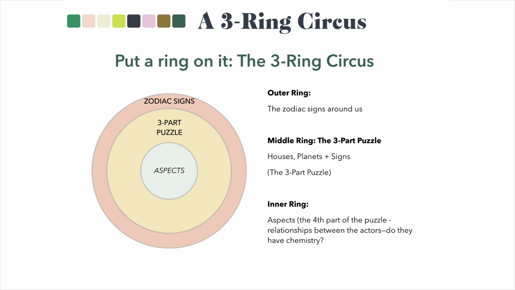The colorful lines you see in the middle show whether there's good chemistry or challenging chemistry between each planet in your chart. That's advanced astrology, but it really is quite fascinating because you can see how to negotiate some of those internal family dynamics happening right inside of you.